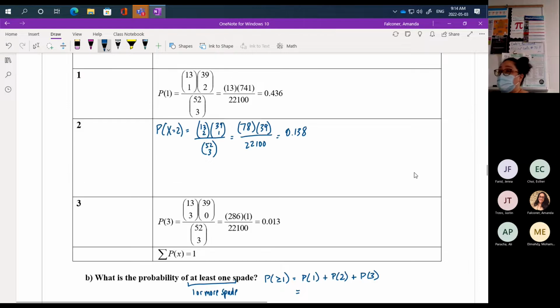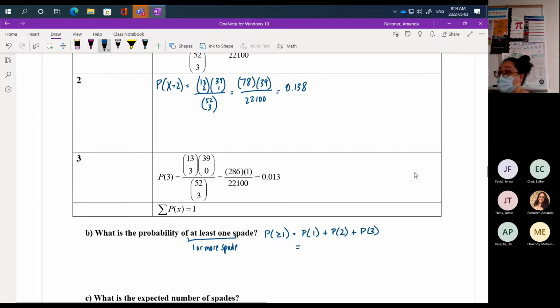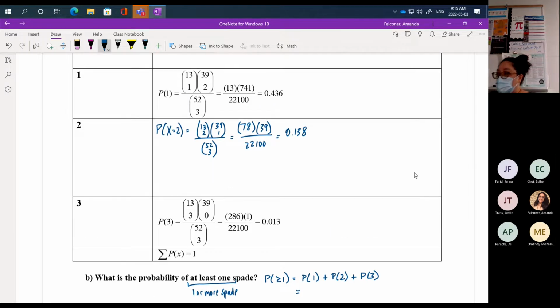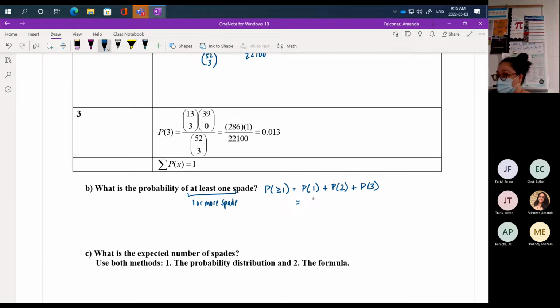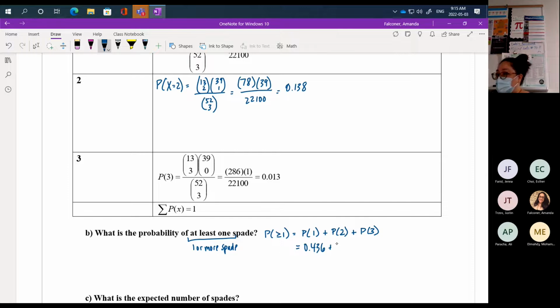And I can just grab them from my table, right? So I'm going to go the 0.436. Add to it the probability of getting 2 spades. Add to it the probability of getting the 3 spades. That small likelihood there.